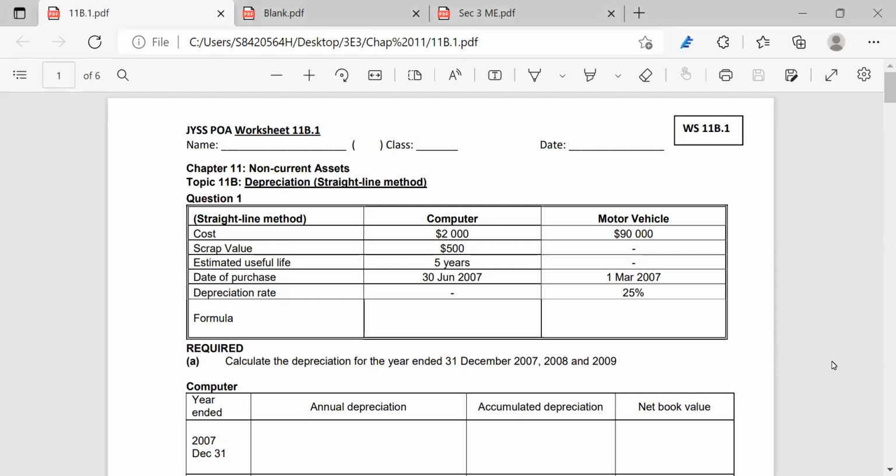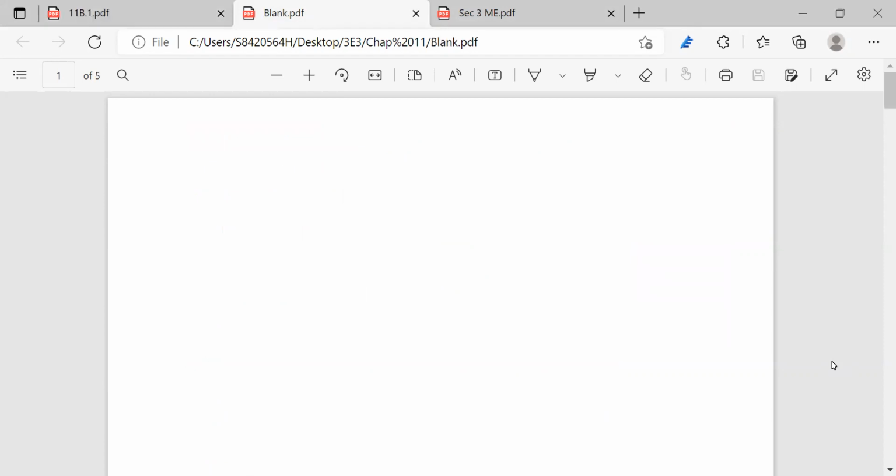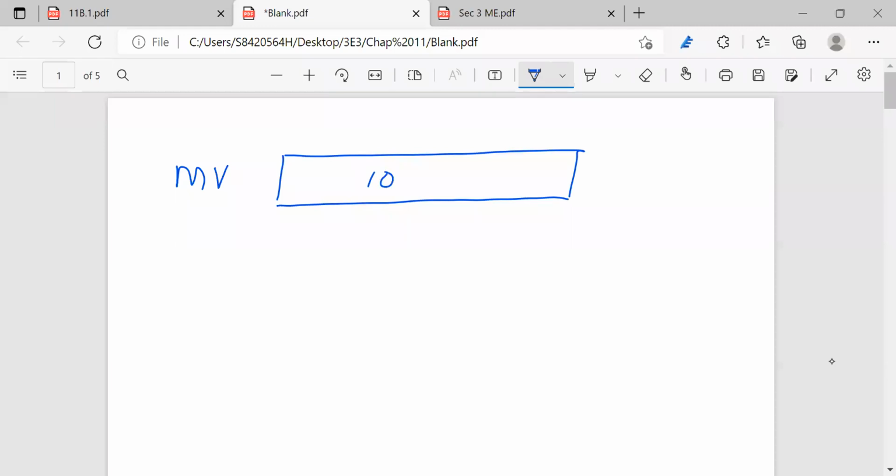Okay, so today's lesson is on depreciation, specifically the straight line method. So basically, what is depreciation? To illustrate, let's say the business bought a motor vehicle, and it costs 100,000. Okay, 100K.